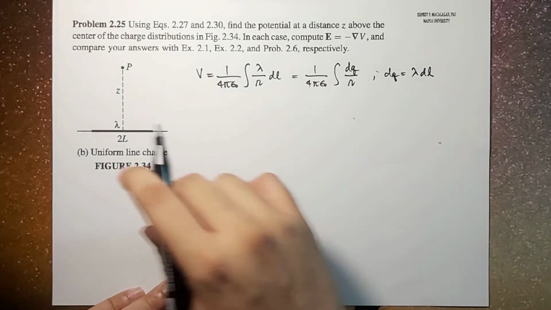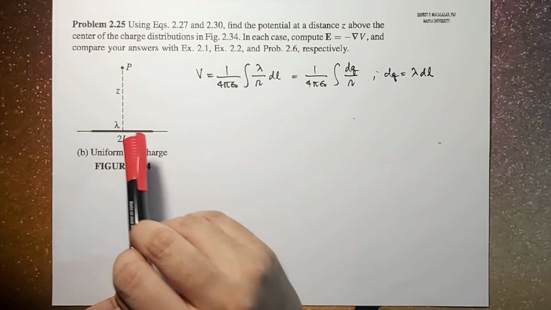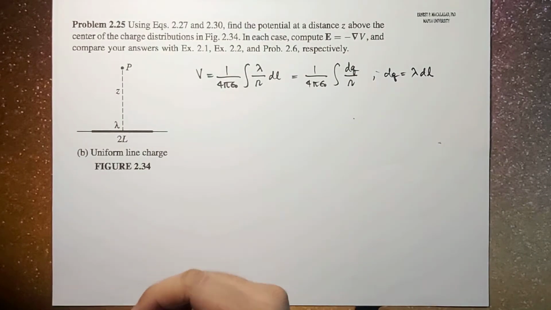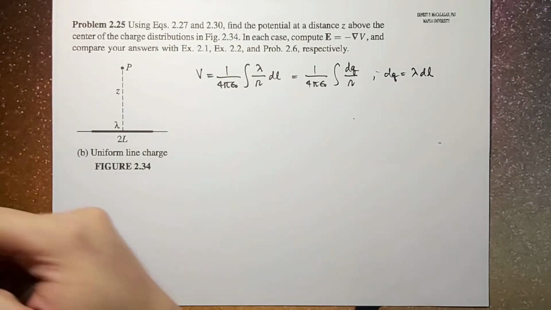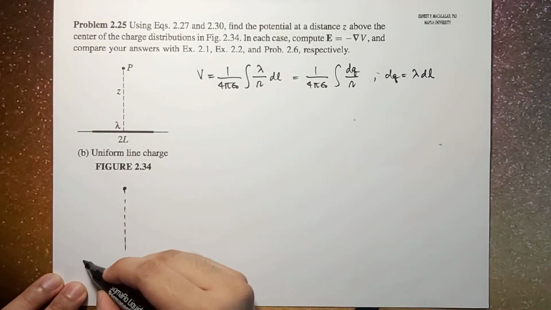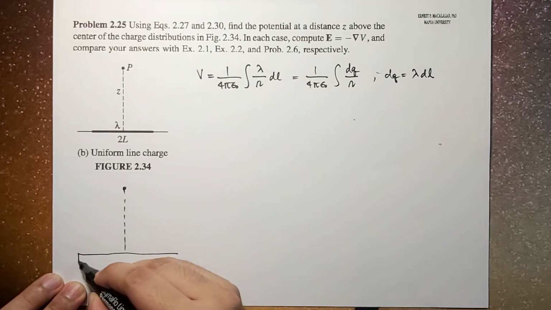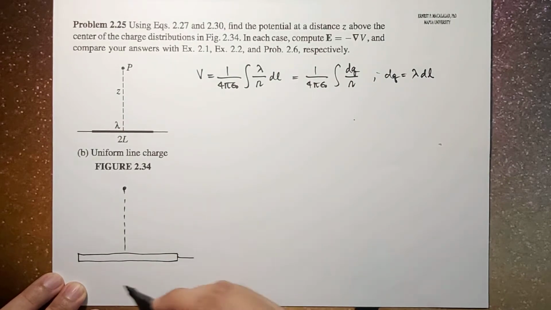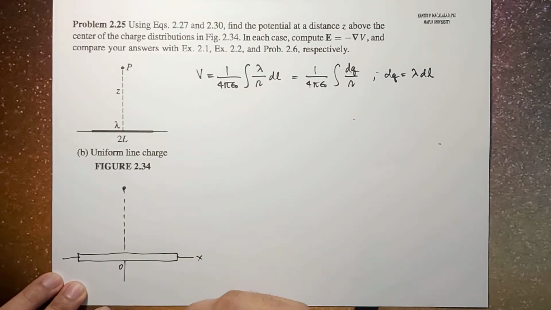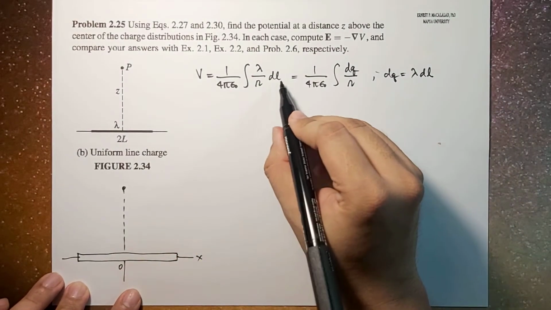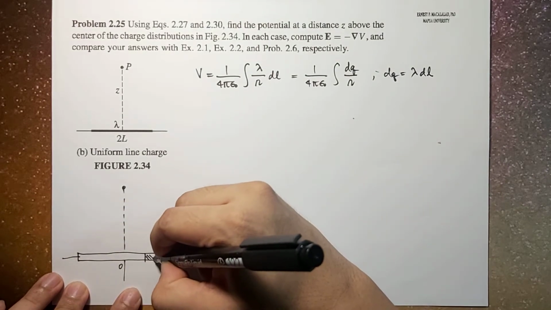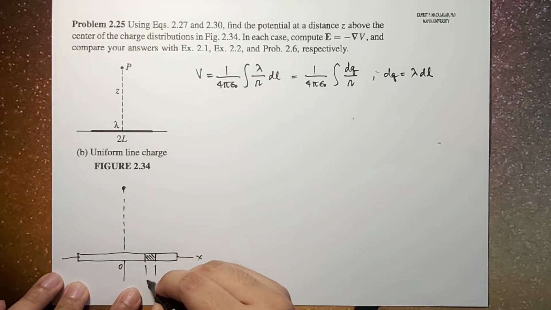Okay, now if you're going to look at this, allow me to redraw this. Okay, this is your point and this is your line. Okay, this is along x, this is your origin. Now dl will be a portion of this wire, so this will be your dl.